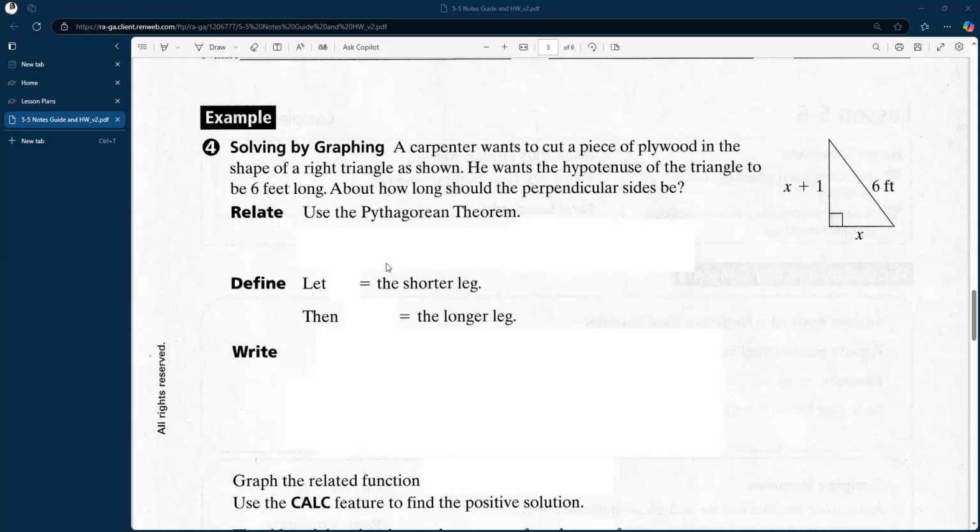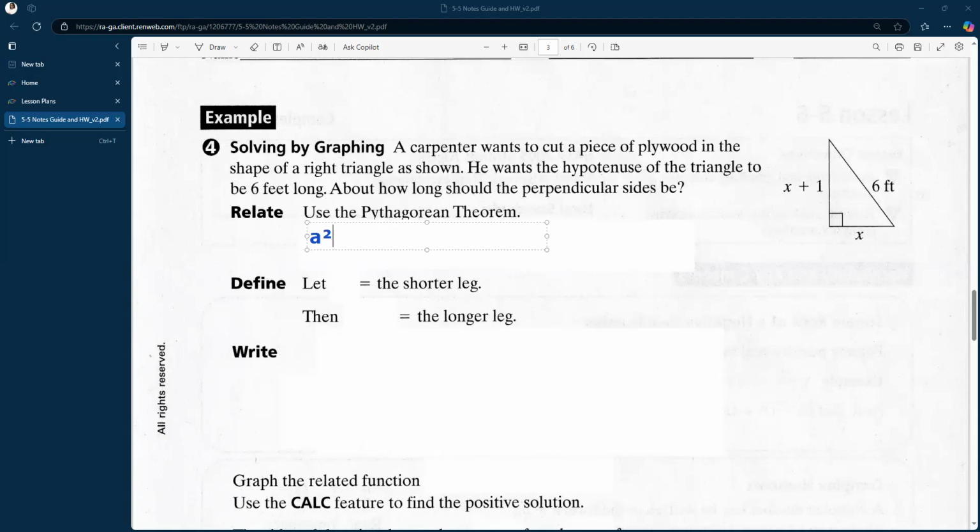So our hint, right triangle, hypotenuse, that means we are probably going to be using Pythagorean's theorem. It's such a powerful equation, particularly when we are dealing with right triangles and we are attempting to solve for sides.